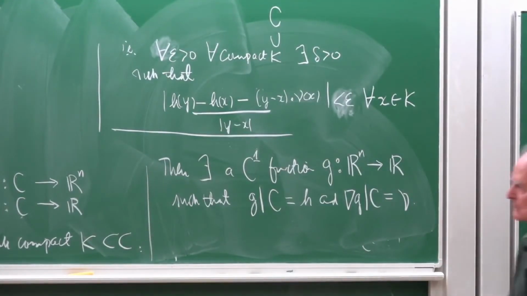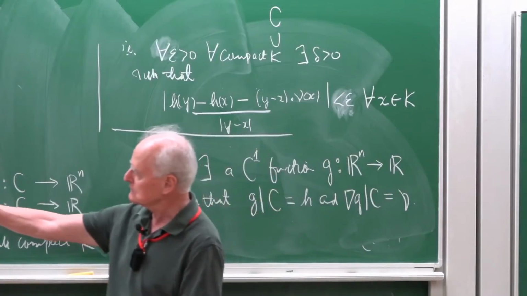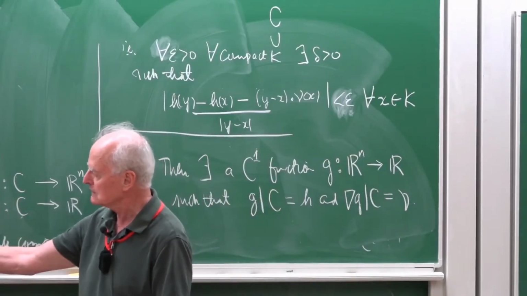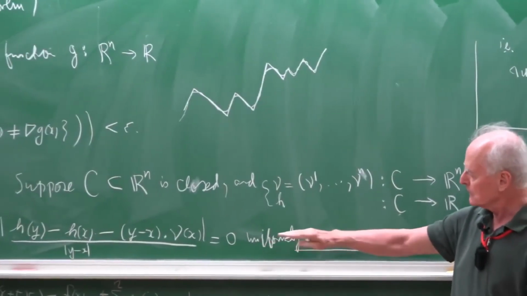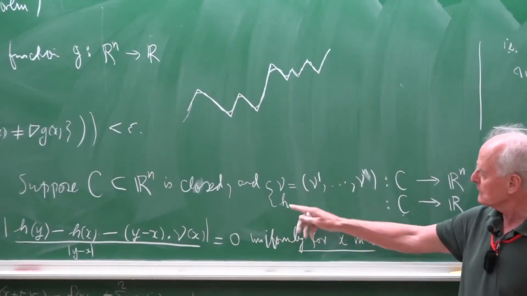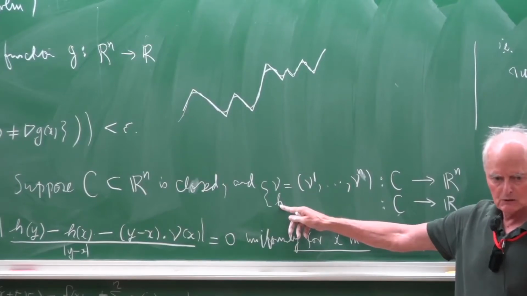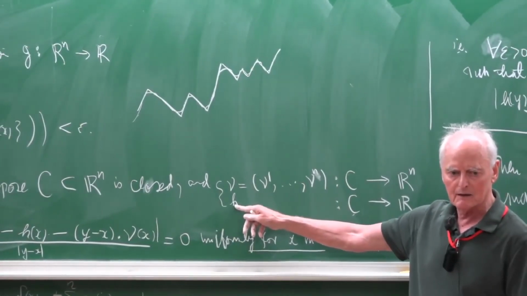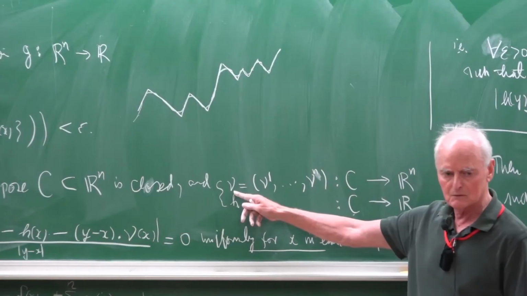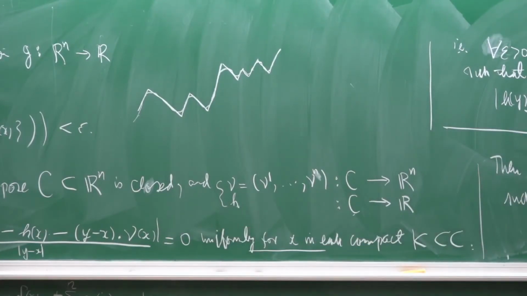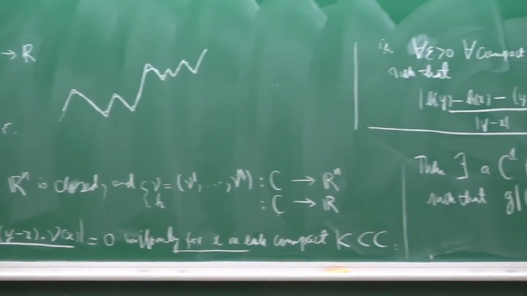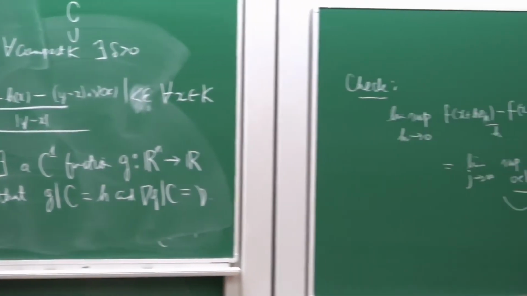So it says that whenever you've got a pair of functions, a vector function and a scalar function like this, then you can always find a C1 function which is defined on the whole of Rn and which matches H on the set C, and the gradient matches nu on the set C. Really lovely theorem, incredible theorem. I don't have time to prove it here, but if you look in the text, you'll see a reference to where you can find a proof of this.